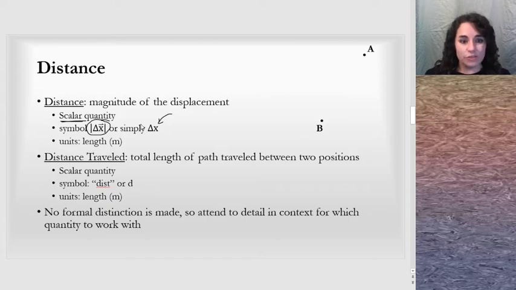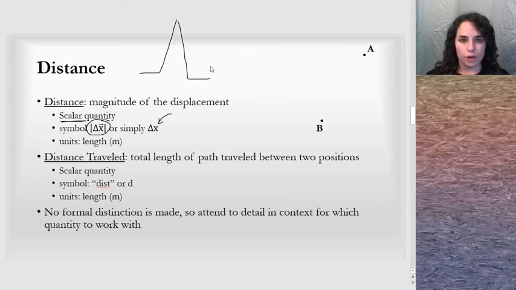Which is different than distance traveled. There's the same word in there, but it's a whole different concept, and maybe more appropriately what you think distance should be. Distance is like on the last slide. I started out at 5 meters, I went up to 20, and then I went down to 4.